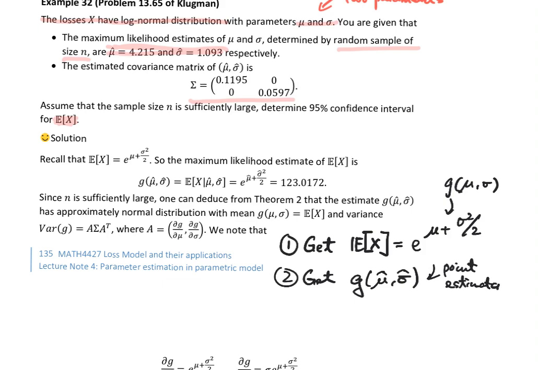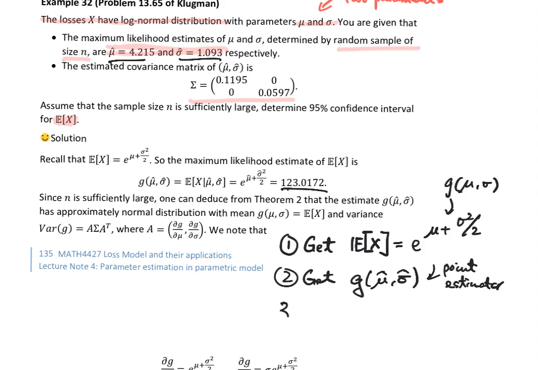This part is easy because you already know the MLE, so you can just put it in and get your estimate, which is equal to 123.0172.